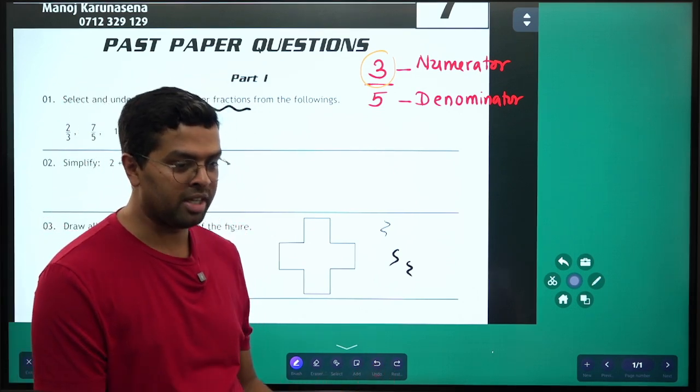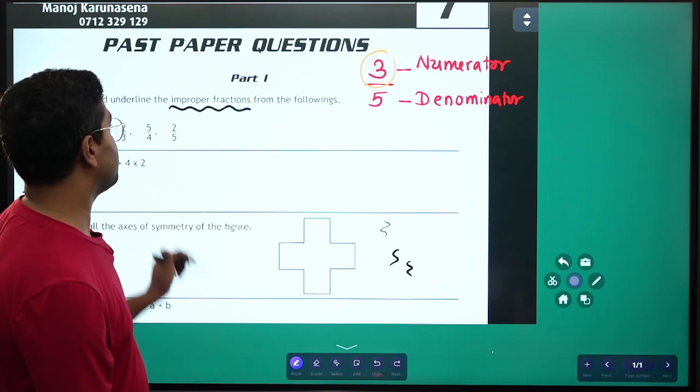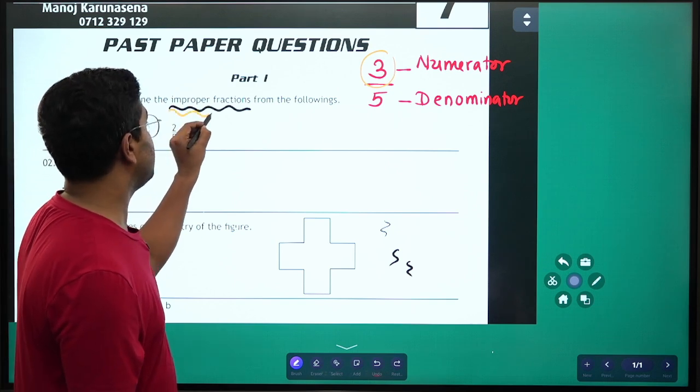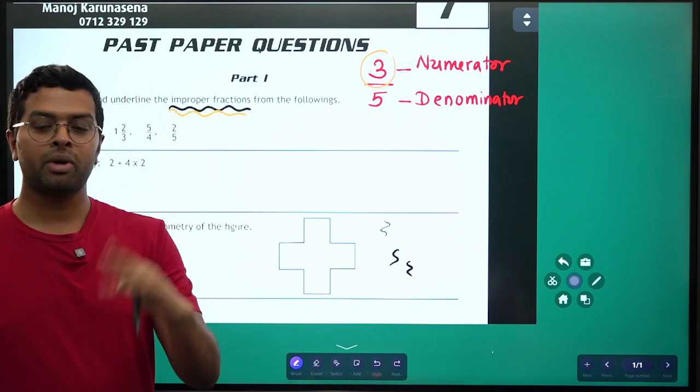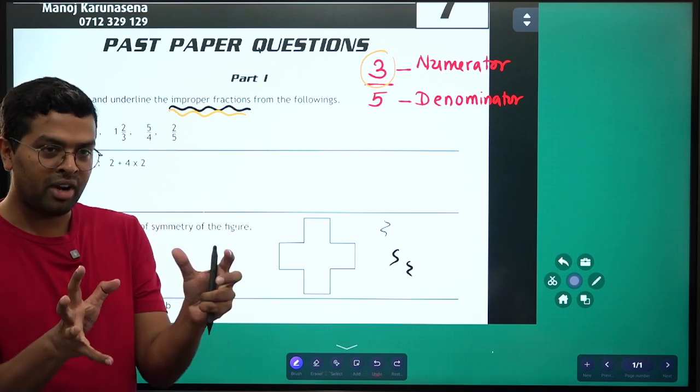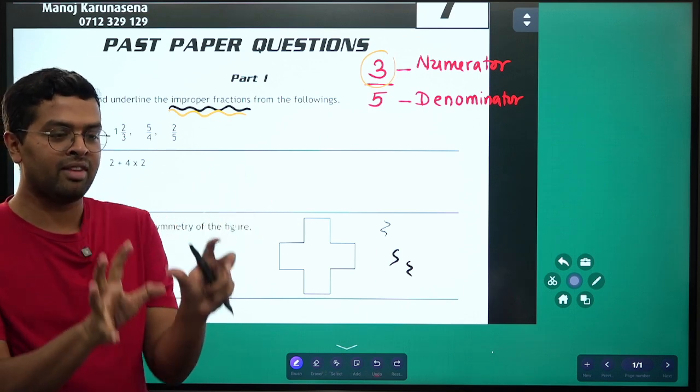Now when it comes to this example, what does it ask? It's asked us to underline improper fractions. In proper fractions, the numerator is less than the denominator.